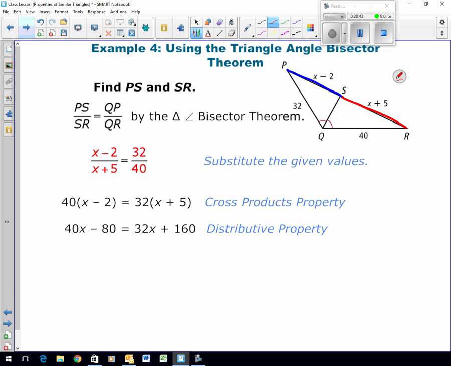Okay. X minus 2 meets this side length, BQ, correct? It also has to be on top. X plus 5 meets with that side length, 40, it's got to be on top. There's your proportion. From there, it's just like warm up.